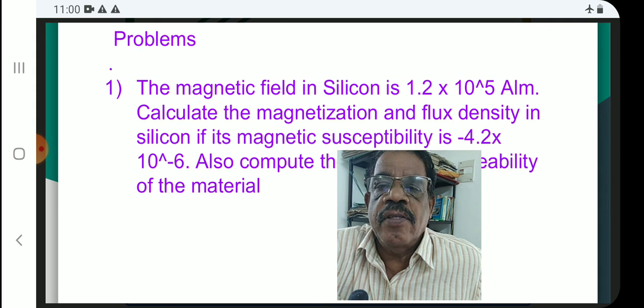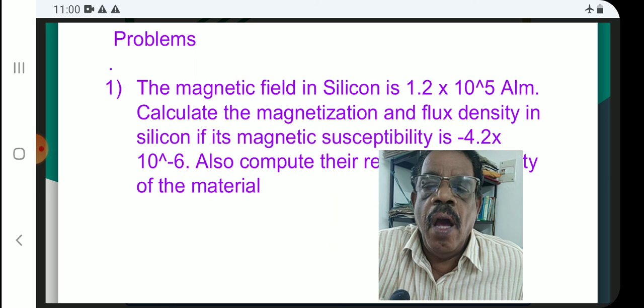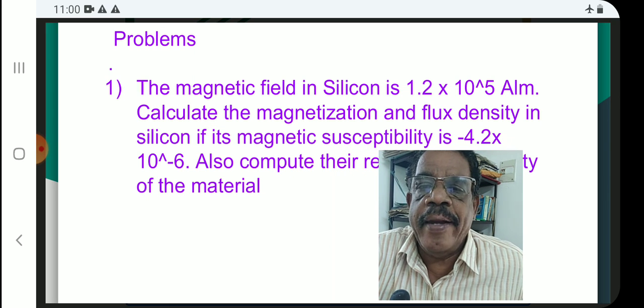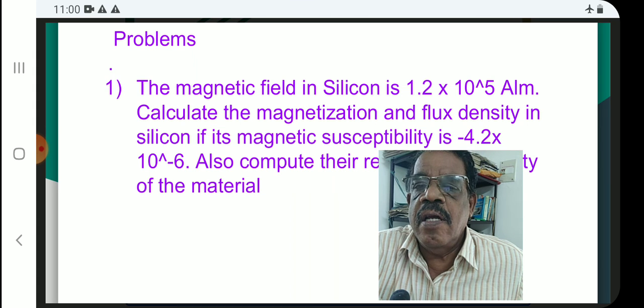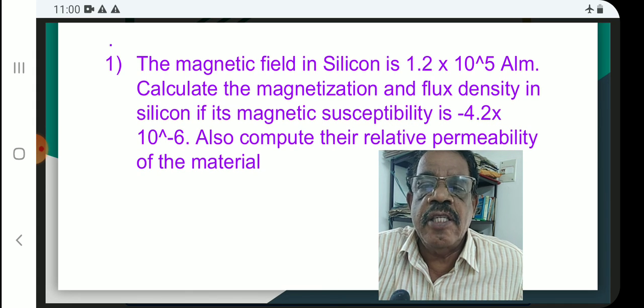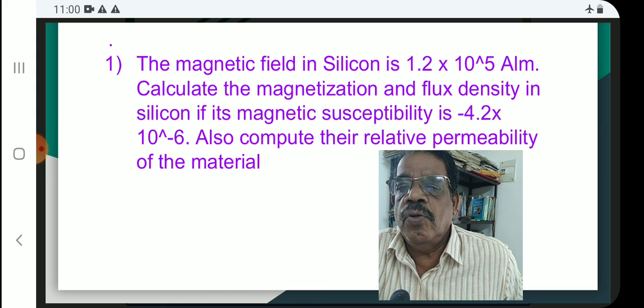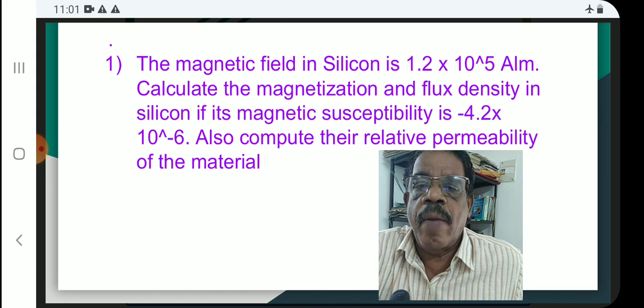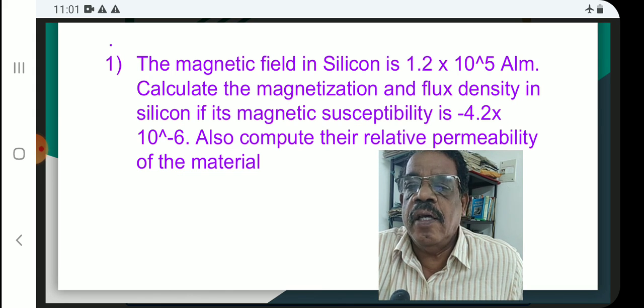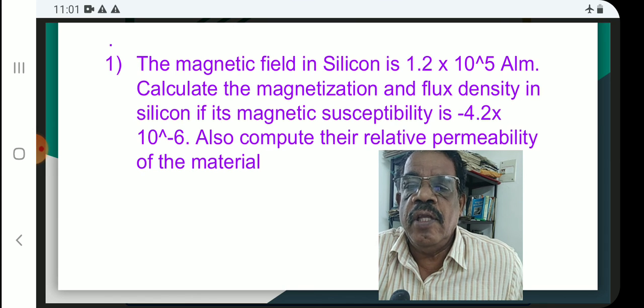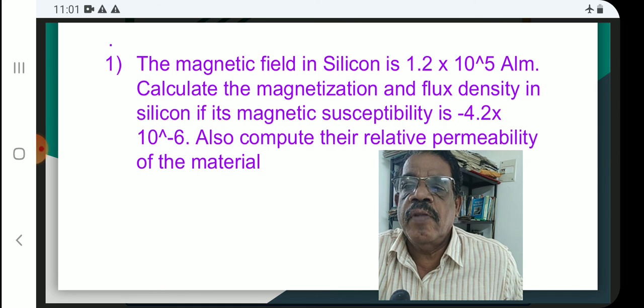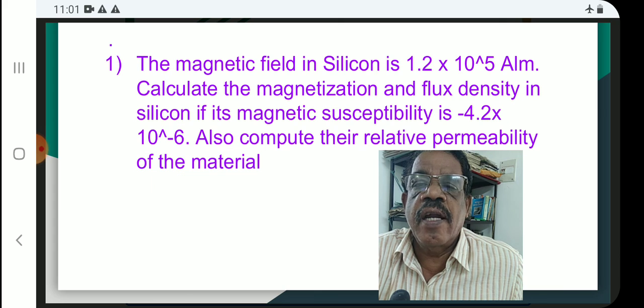The magnetic field in silicon is 1.2 into 10 raised to 5 ampere per meter.